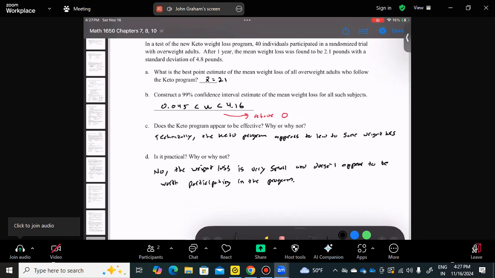You fast for a day, you may lose 2.1 pounds. A lot of people want to jump and basically look at the practical side when answering the question about effectiveness. You know, we separate in statistics. Talking about effectiveness, we look particularly at the data. Does it appear that it's doing something? Then we look at whether it's practical or not.